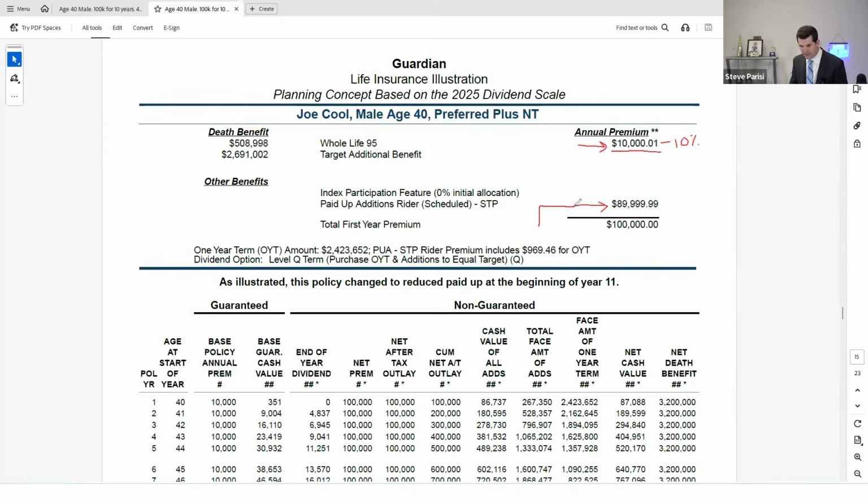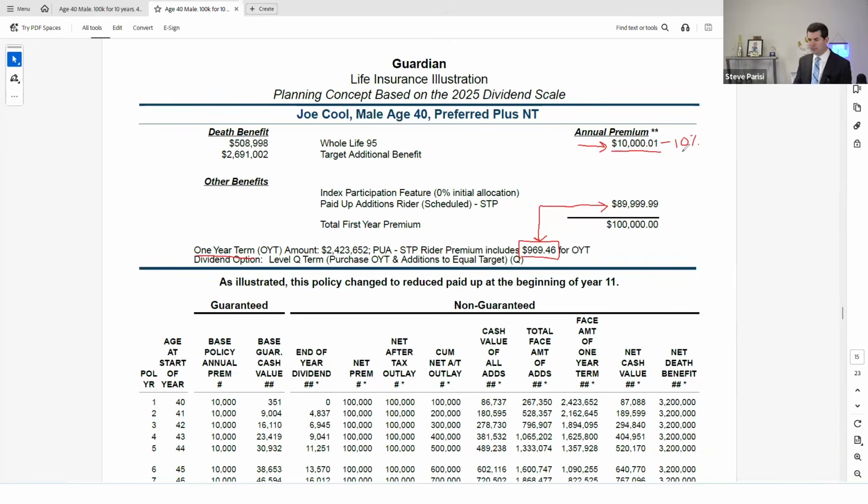The reason why is because we do have a term insurance rider attached to this policy. This is what's called a 1-year term insurance rider. The cost does vary every year. I'm going to show you the year-by-year cost. But in the first year, it's about $1,000.